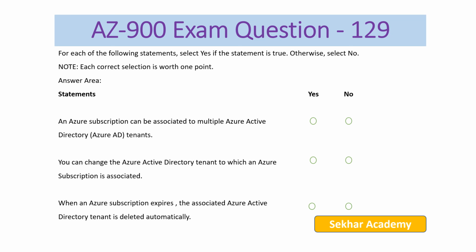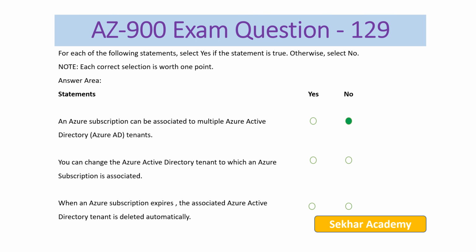AZ-900 exam question number 129. For each of the following statements, select yes if the statement is true, otherwise select no. Each correct selection is worth 1 point. Statement 1: an Azure subscription can be associated to multiple Azure Active Directory tenants. The right answer is no. A subscription cannot be associated to multiple Azure Active Directory tenants.